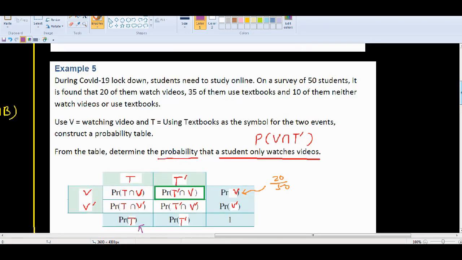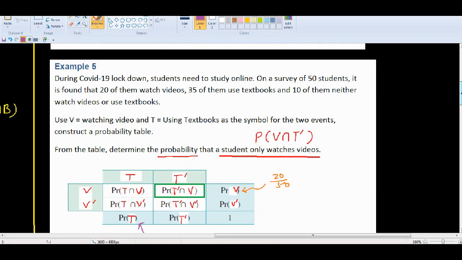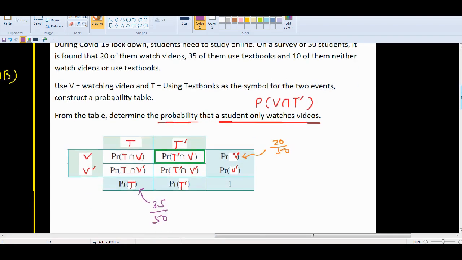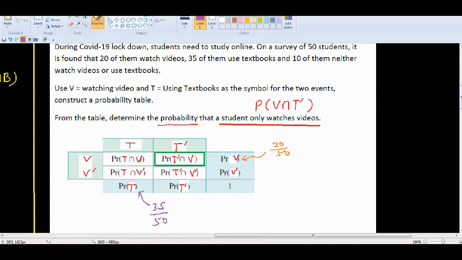And also you've got 10 of them who neither watch videos nor use textbooks. So you got this one. I use different colors. So 10 out of 50.